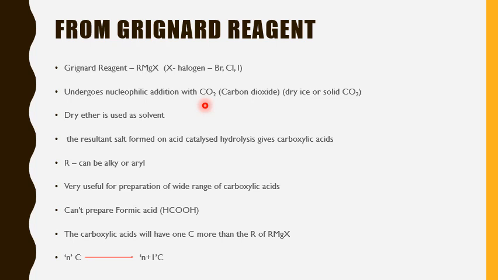That is the speciality of this Grignard reagent. Hence, it is used for many reactions where R acts on the other group as a nucleophile. So here the R of the Grignard reagent undergoes nucleophilic addition with CO2, carbon dioxide, and for the reaction we have to take the solid form of carbon dioxide.